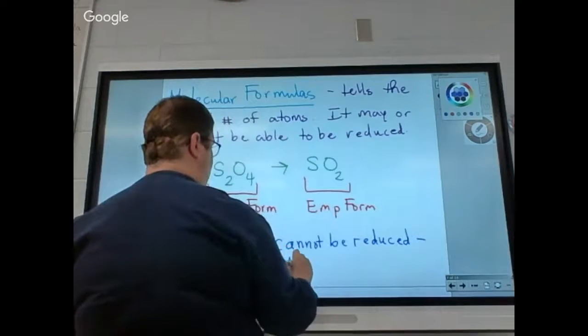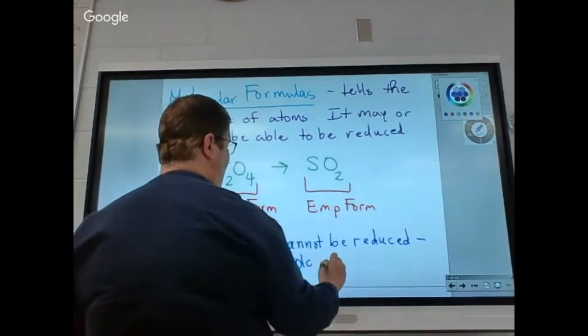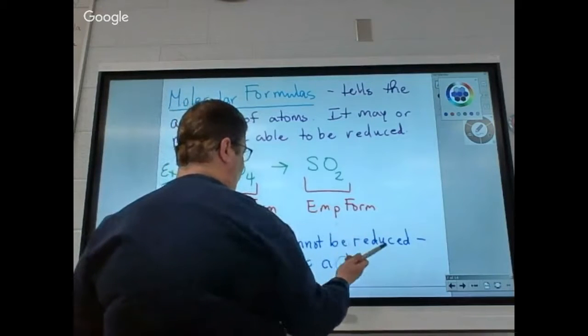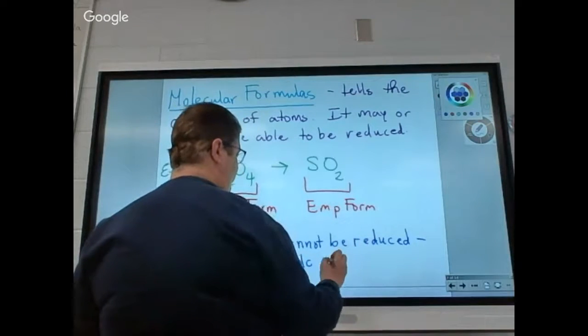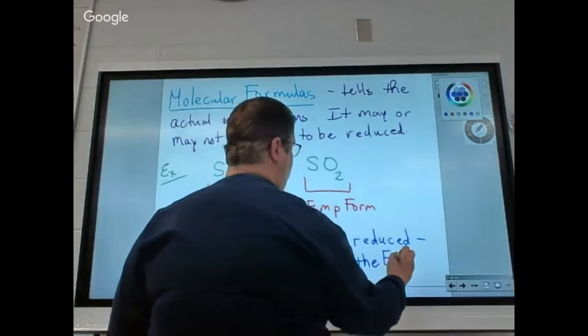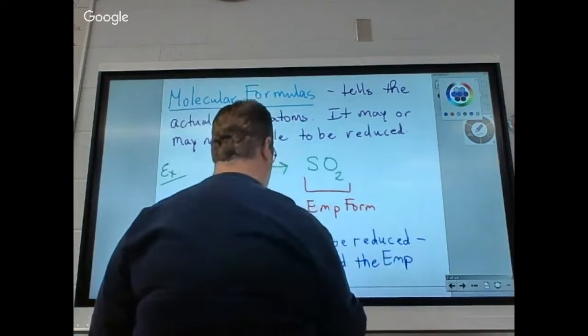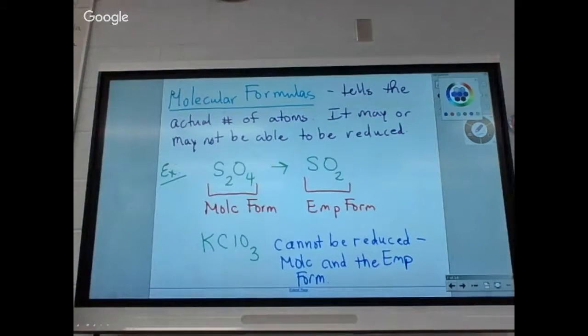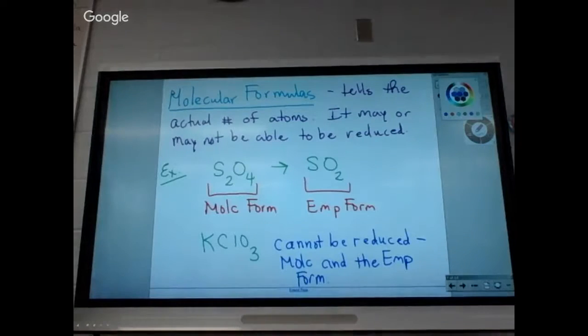It is the molecular and the empirical formula. Okay, it's already in lowest terms. You can't do anything with it. So it is both the empirical and the molecular formula.